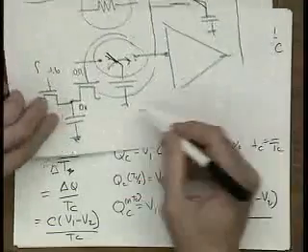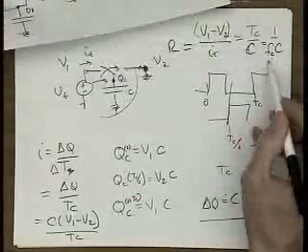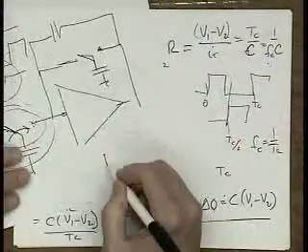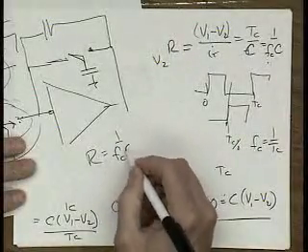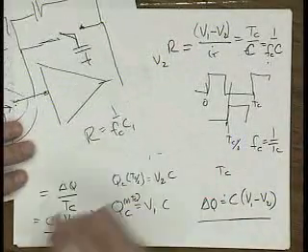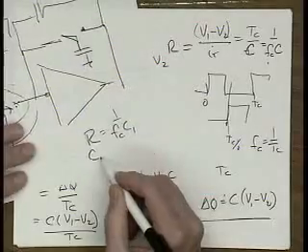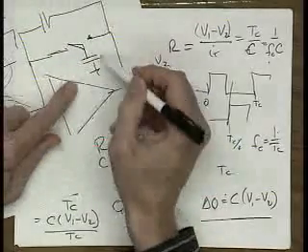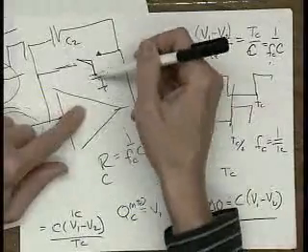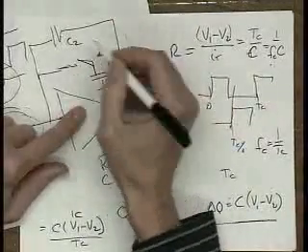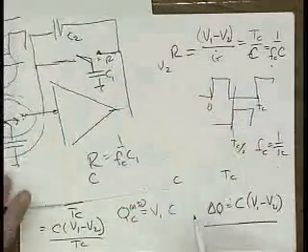Now, if I have these kinds of resistors, which is proportional to this, that's the R, equal to 1 over FC times C1, let's say. Let's make this C1 and let's make this C2. Our time constant was this R times that C, right?